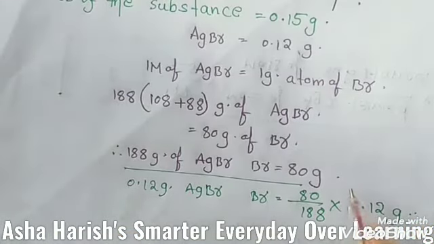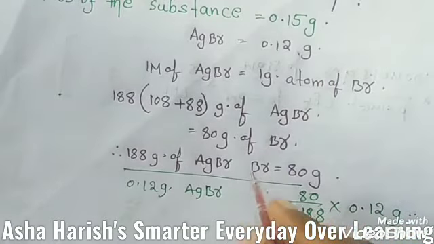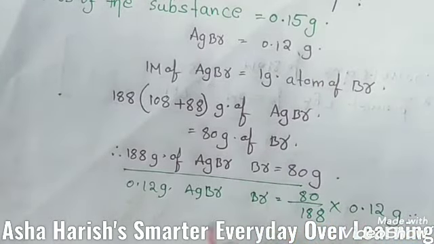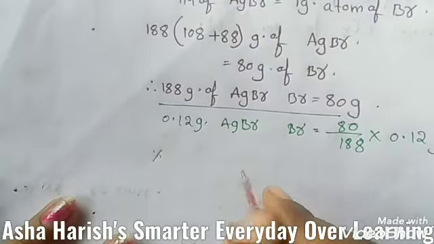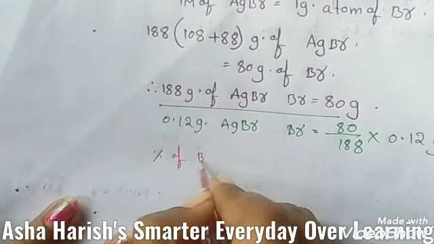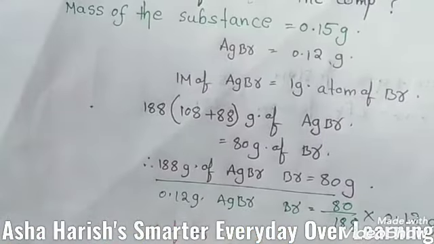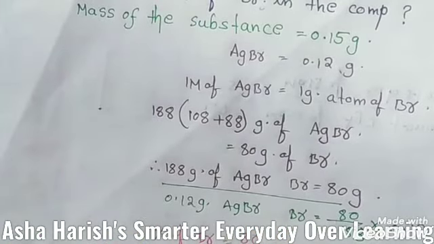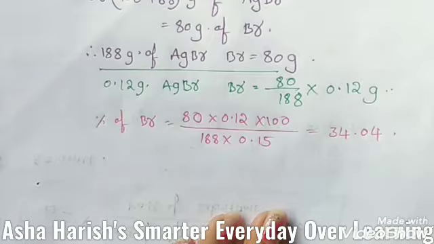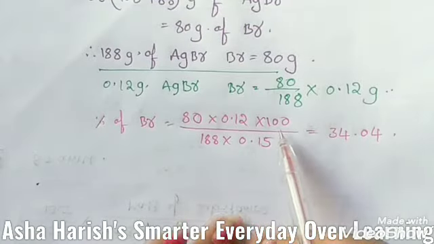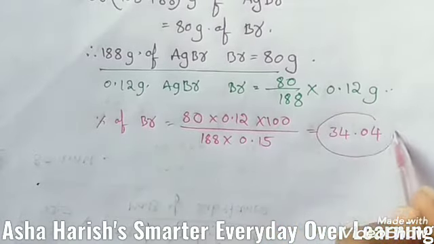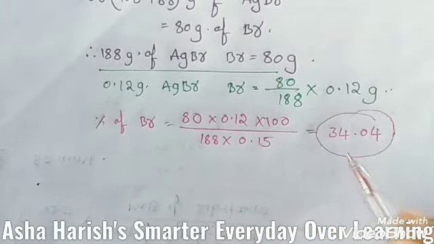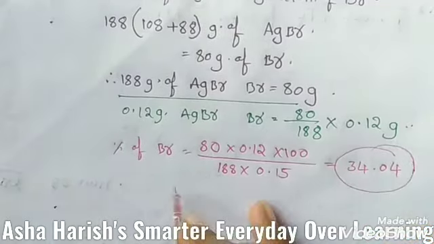But this much amount of bromine is present in 0.15 grams of the organic compound. Therefore, the percentage of bromine is 80 into 0.12 into 100 by 188 into 0.15. That should be 34.04. So this is the percentage of bromine.